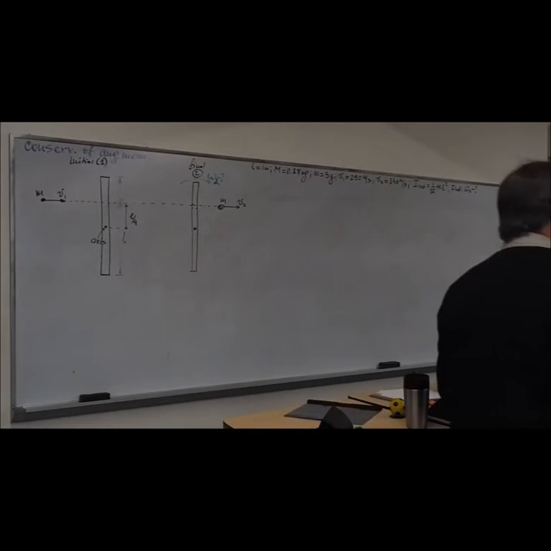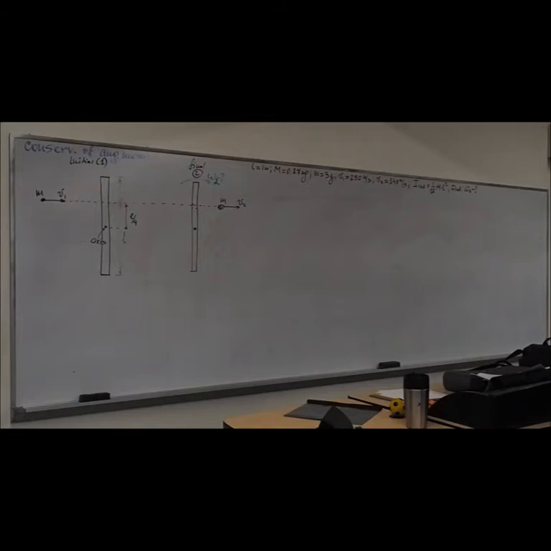Let me start by asking this question. We're going to use a law of conservation. How many laws of conservation do we know so far in this class? Three. First one, conservation of mechanical energy. Is mechanical energy conserved here? Why not?